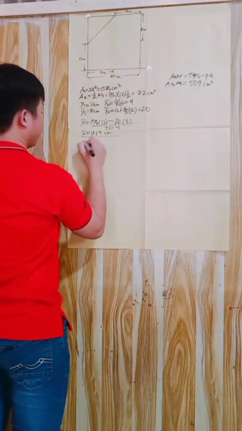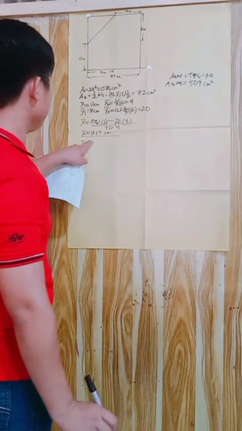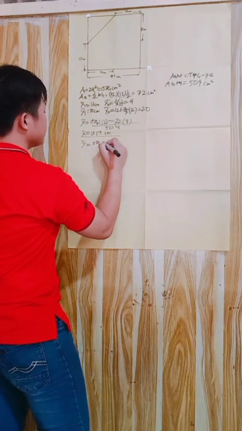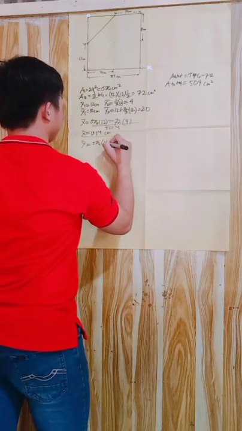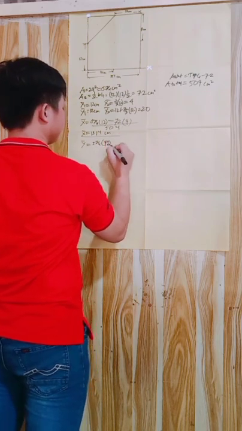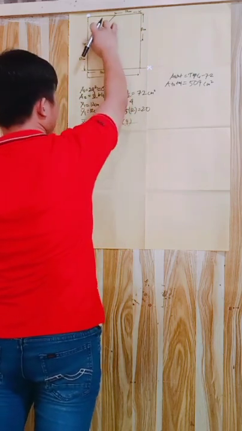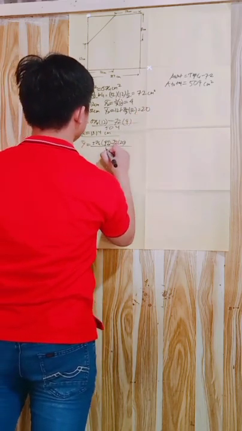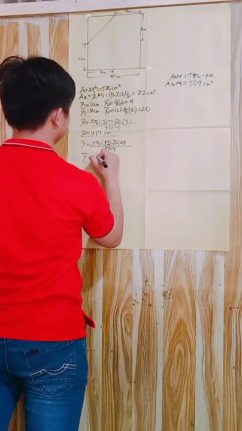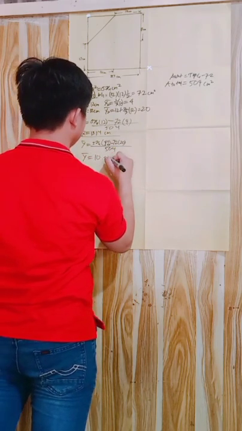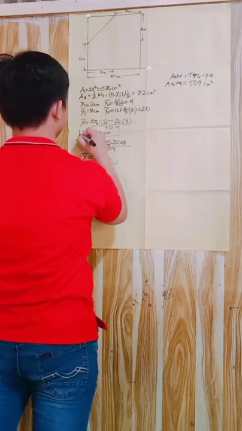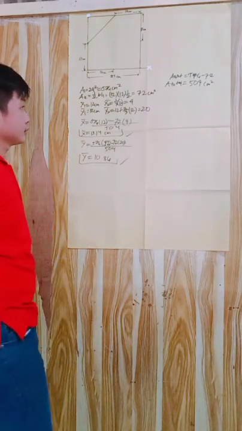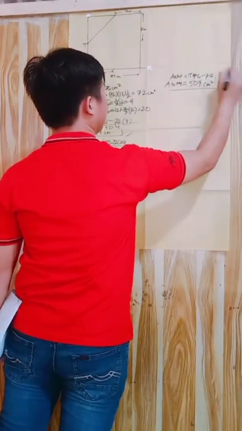Then for y bar, we can get this by multiplying the area times the y bar. So, area 1, 576 times y bar 1, which is 12, minus area 72, the area of this, times y bar 2, which is equal to 20, divided by the area total, 10.86. So, this is the x bar, this is the y bar, and this is the total area.